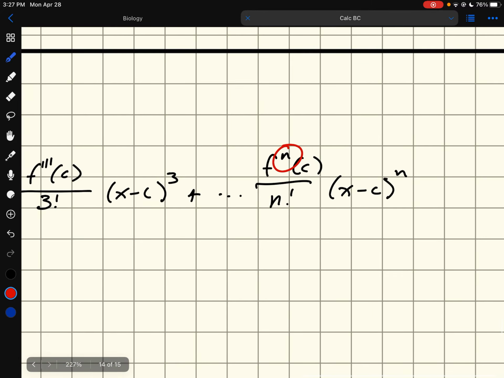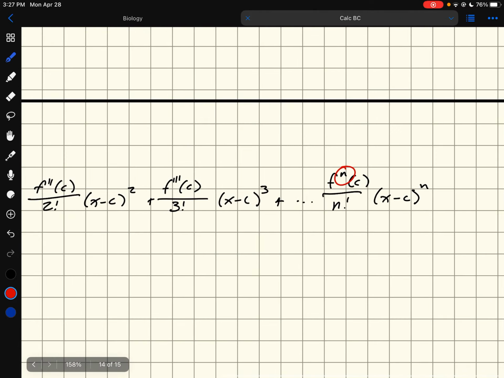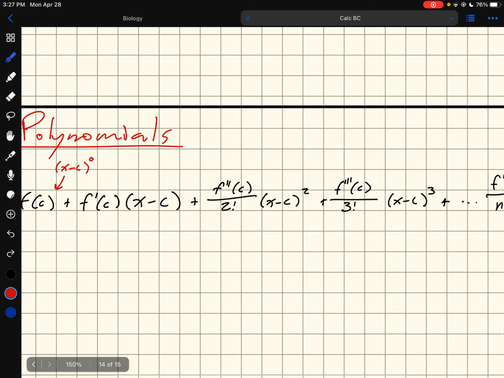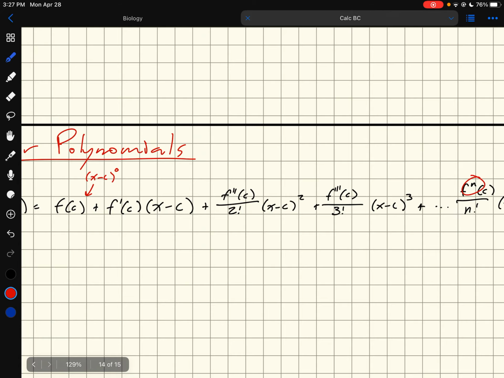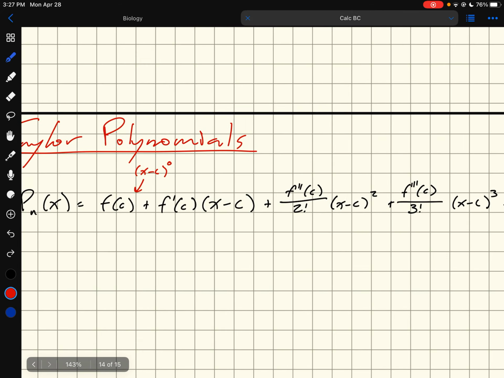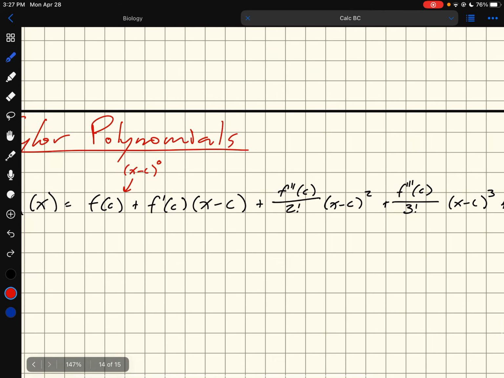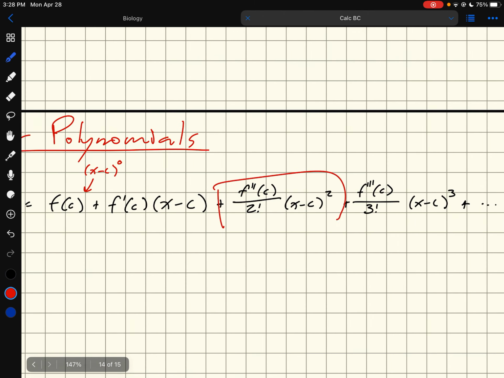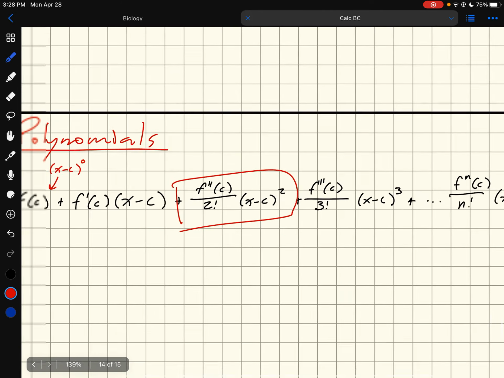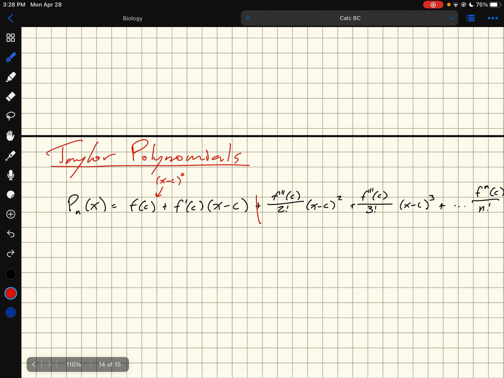And this n is just how many derivatives you want to take. So essentially how many terms of the Taylor polynomial you want to write out. So if this n equals 2, then you would come to this third term here, f double prime.